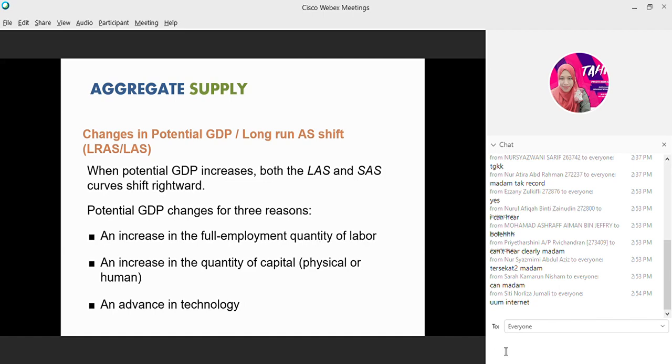So this is good, we have more human resource. An increase in capital also will bring the LRAS to the right, and also an advance in technology. So can you guess what are the factors that will shift LRAS to the left?